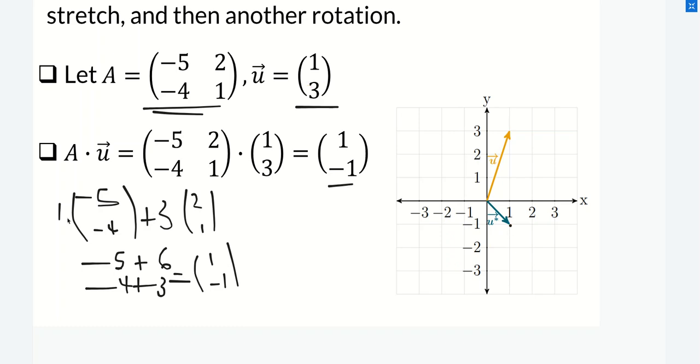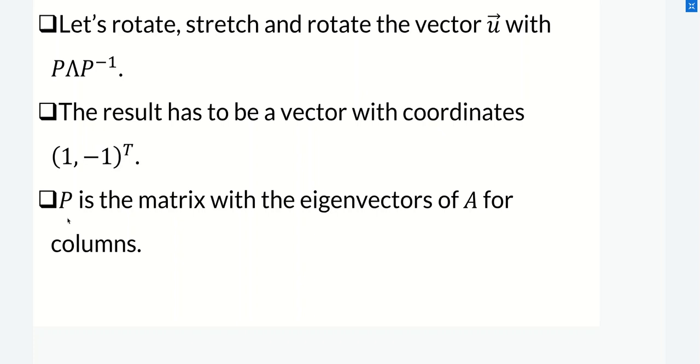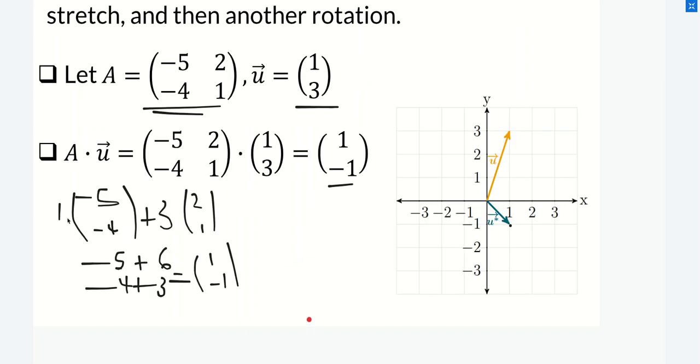Now let's see what we can do with our new formula. So we said let's rotate, stretch and rotate the vector u with this. So we are going to rotate it, stretch it, then rotate it to see whether we'll get to the same place. Why? Because we said this A can be expressed as this. Don't get confused, because it's the same thing we are doing. So A can be written as this.